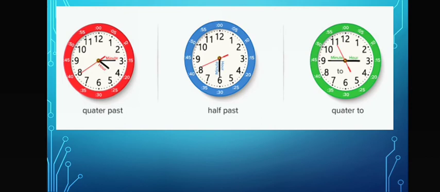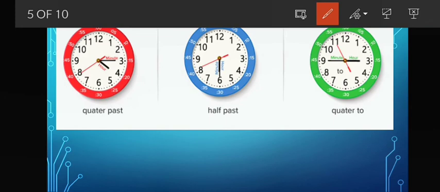But as days go, you will have to say, if the hour hand is at 4's place but the minute hand is at 3's place, you can say quarter past 4. Quarter past 4 means 15 minutes. Quarter means 15 minutes. Quarter past means 15 minutes past 4. Understood?